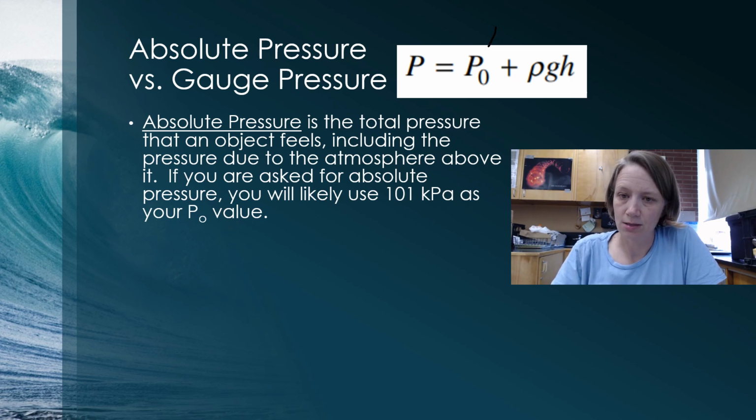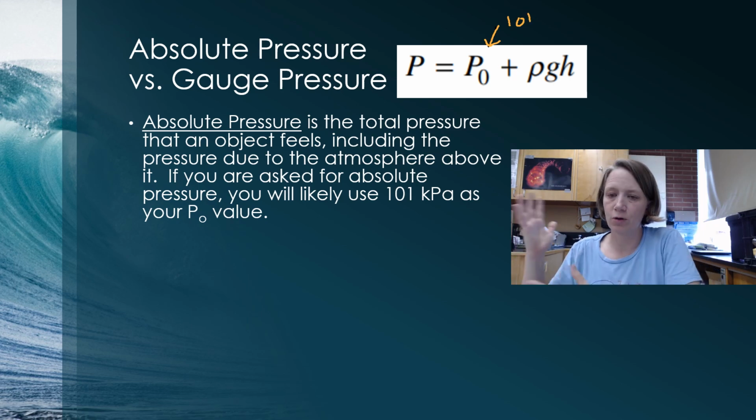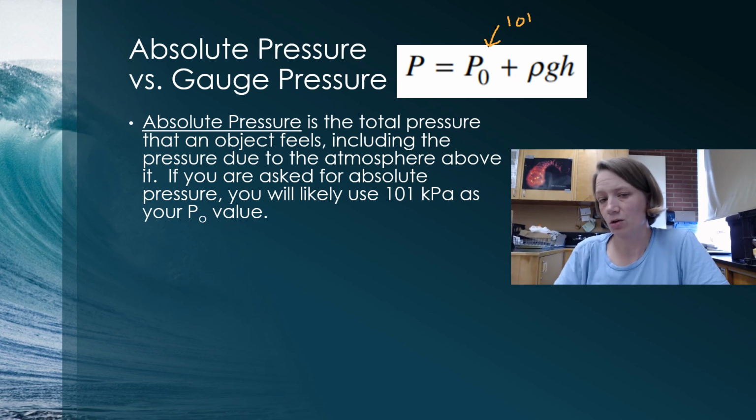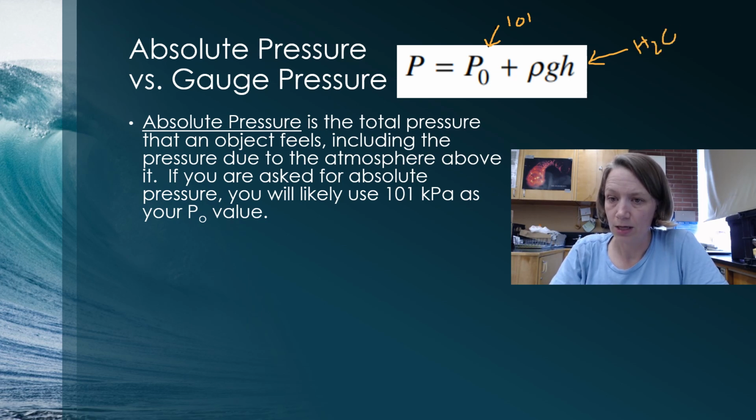And that's because most objects on Earth have the atmosphere pushing in on them, plus whatever fluid you're concerned with in the problem, which is usually water. Usually these are things underwater. This is the pressure from the air, and then this would be the absolute pressure from the water. And you would find P, being your total pressure.